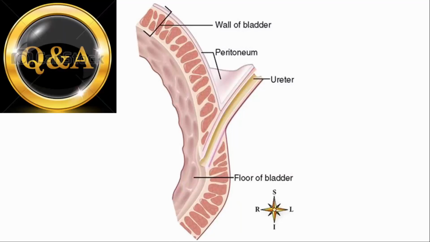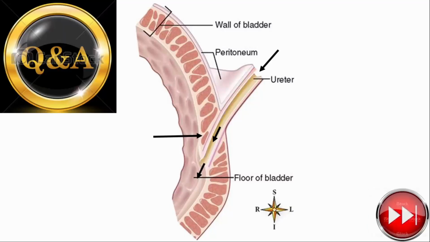Ureters enter obliquely, bringing urine, and this oblique course is going to provide this mechanism. When the bladder is distended, the bladder wall is going to exert pressure on the part of the ureter in the urinary bladder wall, preventing urine from going up.